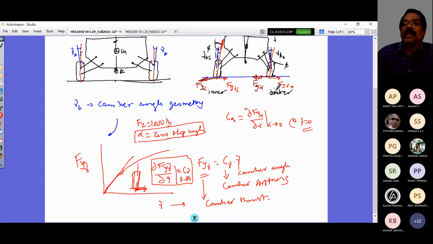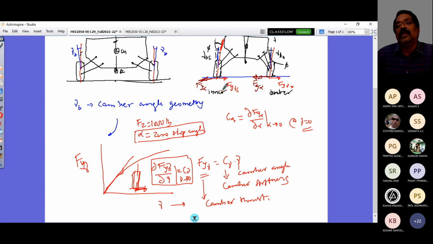Of course, the camber thrust can get additive to this, and its value would be almost 1/10 of the force that can be developed by the slip angle in the case of a radial tire.